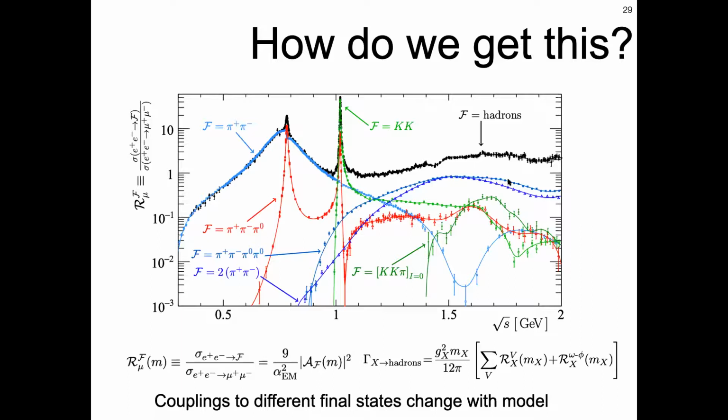And from this plot, you can derive the branching ratio to any of these final states, just depending on your model for the couplings, right? So you can play games with these ratios to get the branching ratios for these.